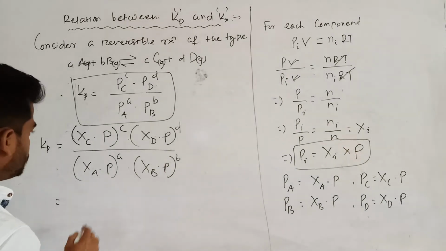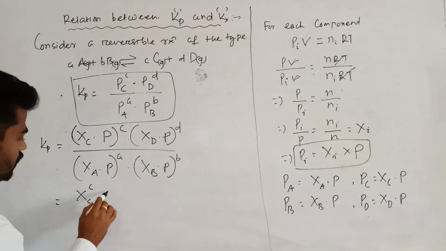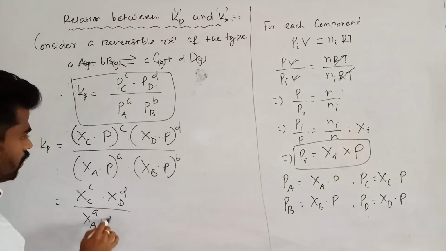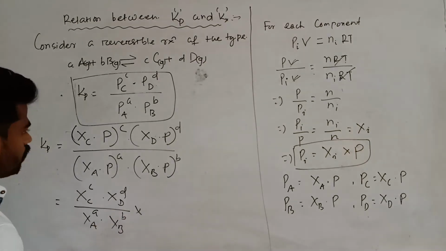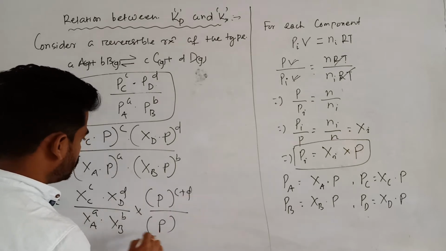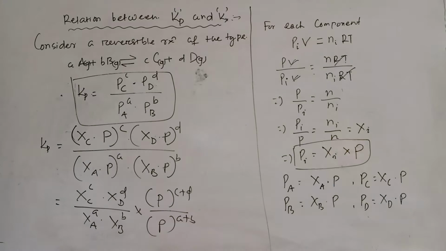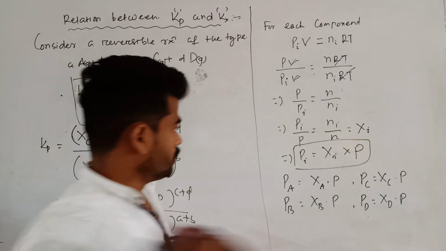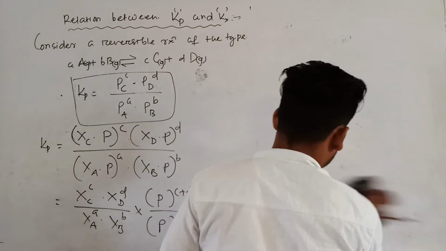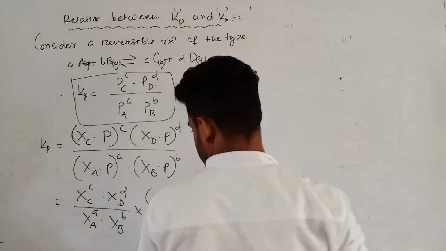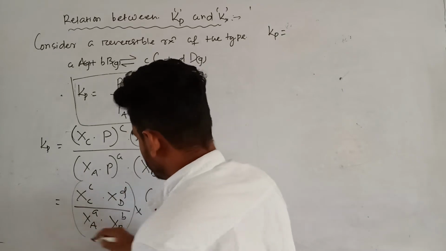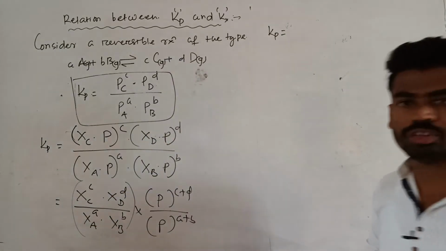So I can write the expression further like this: Xc to the power c into Xd to the power d divided by Xa to the power a into Xb to the power b, multiplied by P to the power c plus d divided by P to the power a plus b. This will be the expression. Now just see what I am getting over here. That can be written like this: Kp becomes equal to this factor, and this much is nothing but Kx, the equilibrium constant in terms of mole fraction.